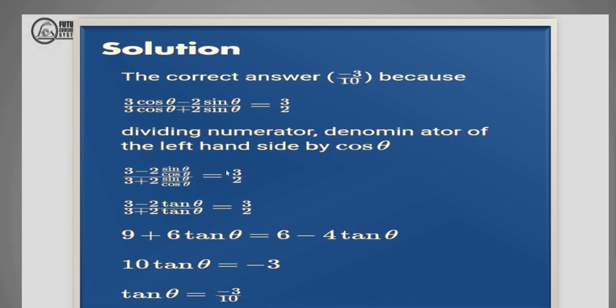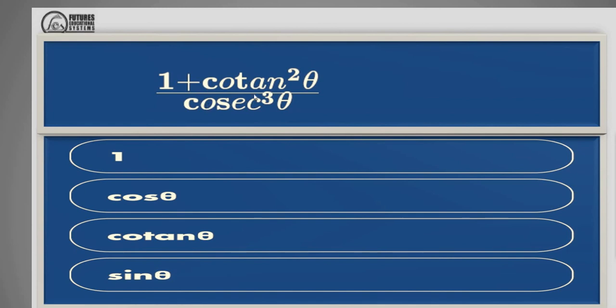Negative 3 over 10. This example: 1 plus cotan power 2 theta over cosec power 3 theta.